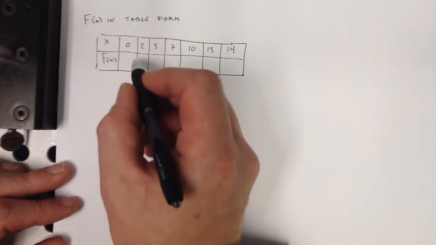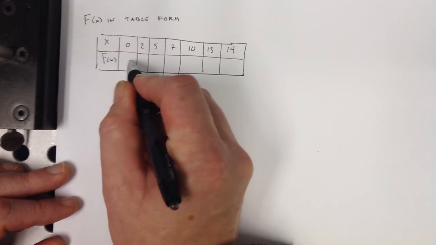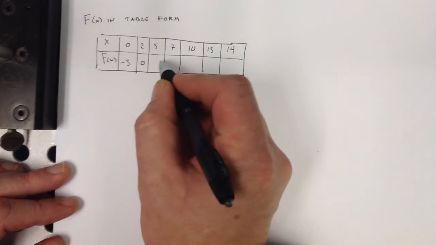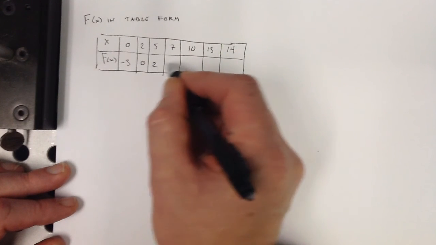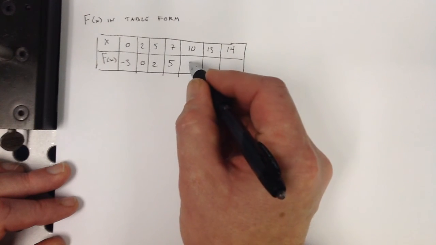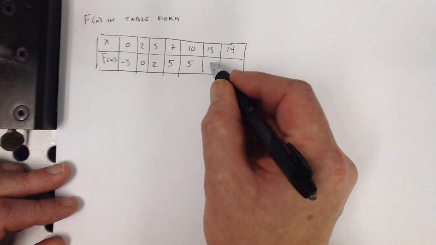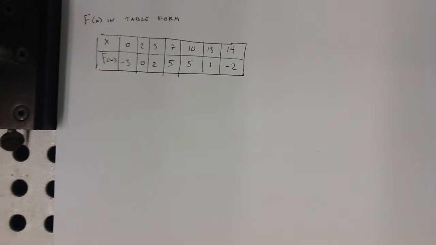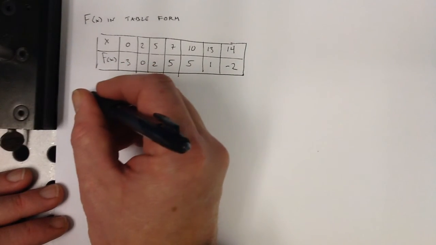And then we had function values -3, 0, 2, 5, 5, 1, -2, something like that. So how do you deal with this? Well, we could do a couple different things here.